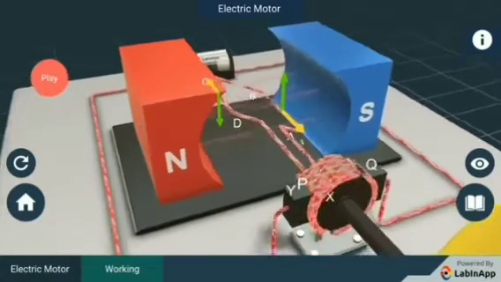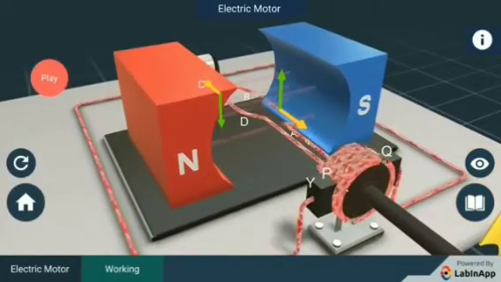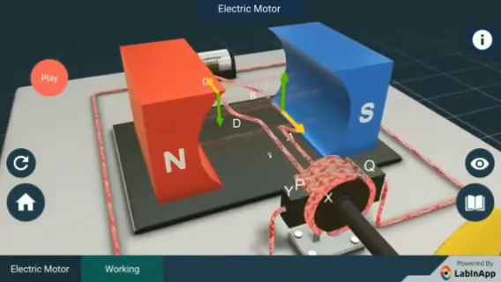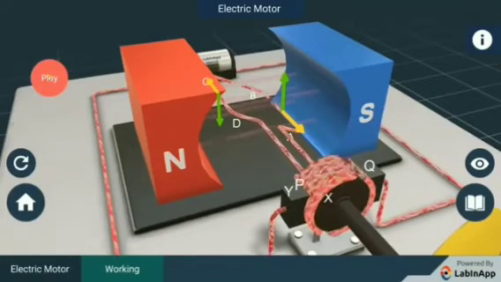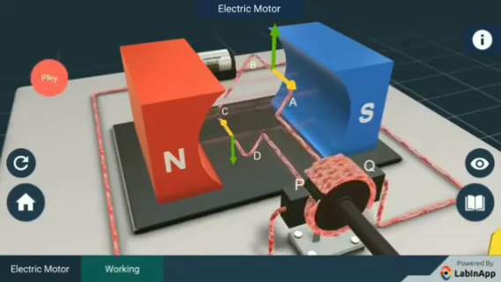A device that reverses the direction of flow of current through a circuit is called a commutator. In electric motors, the split ring acts as a commutator. The reversal of current also reverses the direction of force acting on the two arms AB and CD.